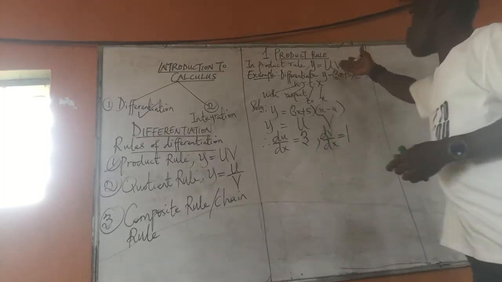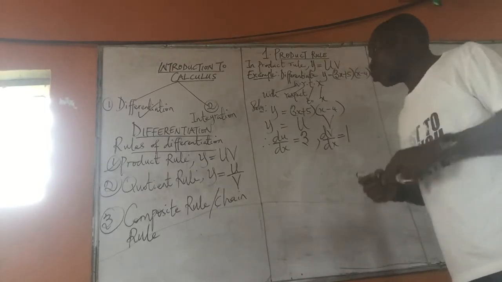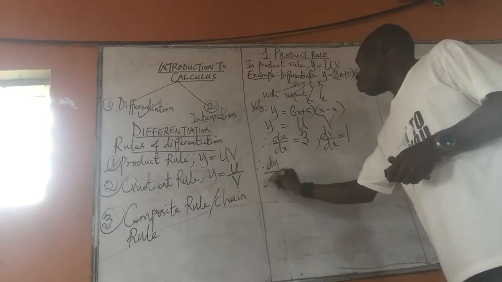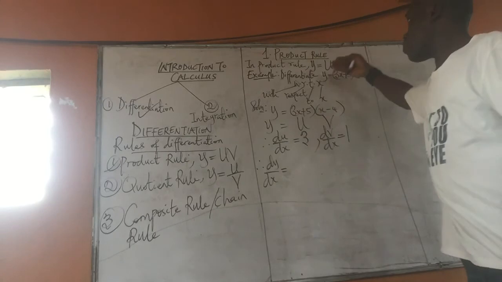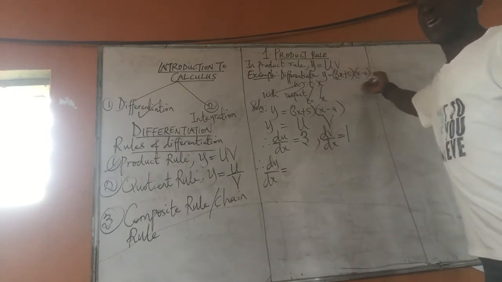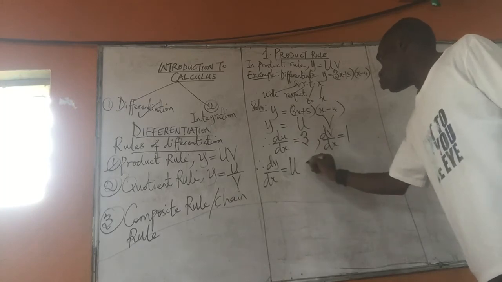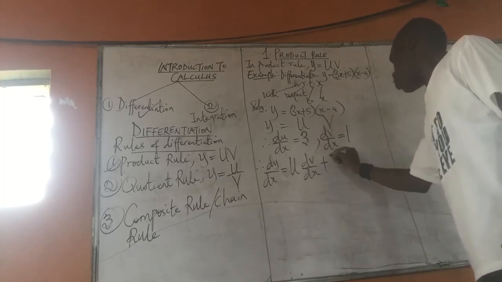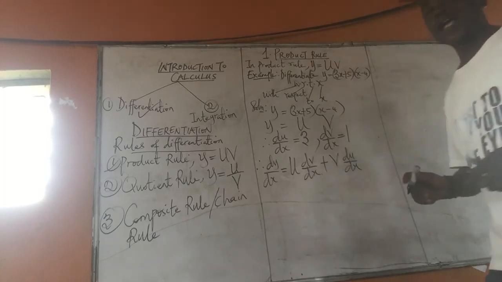Now, for me to solve for this product rule, I have to apply a particular formula, which is this. That means from here, I am going to have the dy/dx, because we are differentiating y with respect to x. That is meant to be dy/dx equal to u dv/dx plus v du/dx. What do I do next?